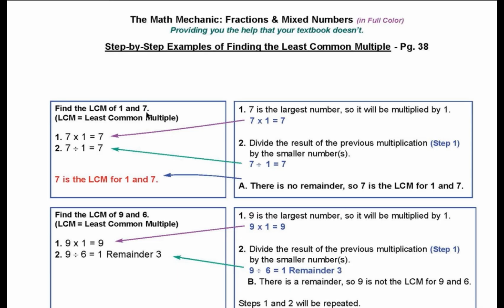Therefore, 7 will be multiplied by 1. 7 times 1 equals 7.